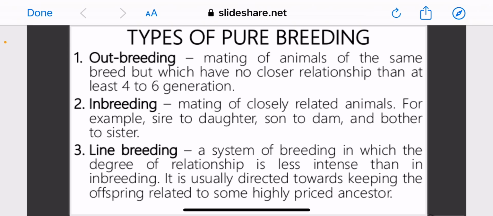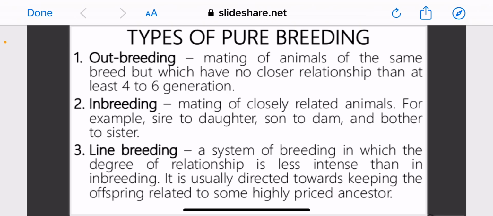We have outbreeding, the mating of animals of the same breed, but which have no closer relationship than at least 4 to 6 generations. And second is inbreeding, wherein mating of closely related animals, for example, sire to daughter, son to dam, and brother to sister. So that's inbreeding. Well, outbreeding is not within the family.